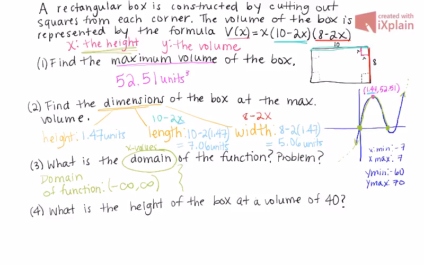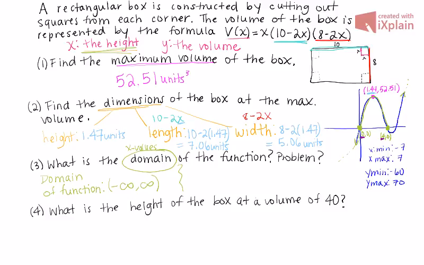So on my calculator, I will utilize the zero feature. After using the zero feature, I find that this point right here is the point (0, 0), and this point right here is the point (4, 0). So I know that the height of my function could only range from 0 to 4.